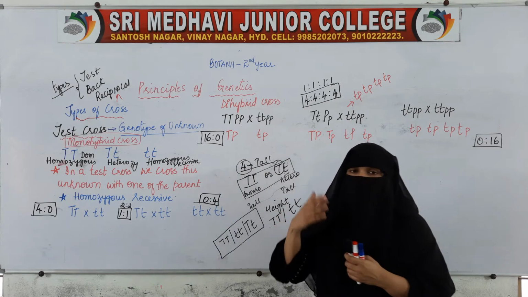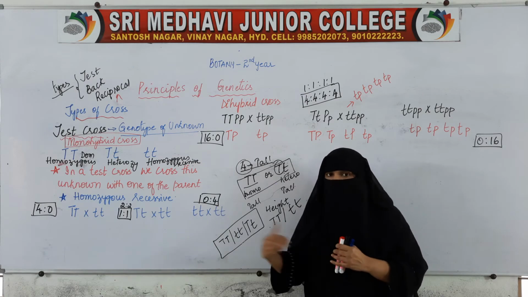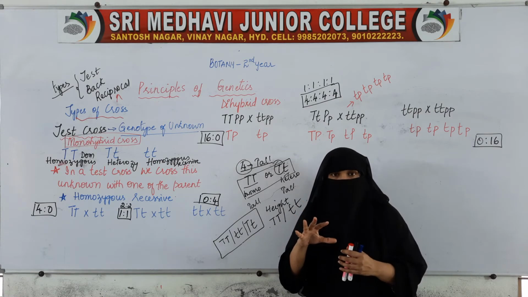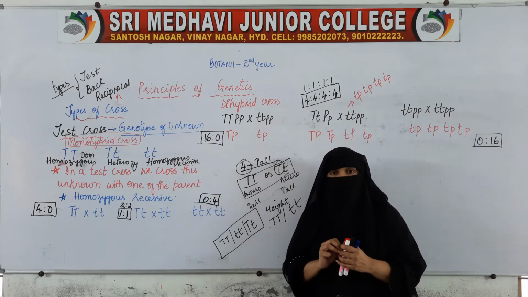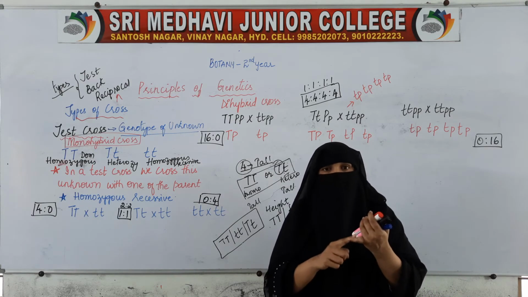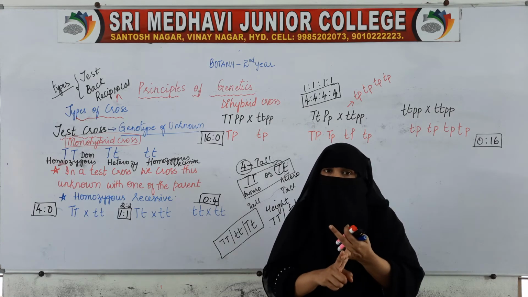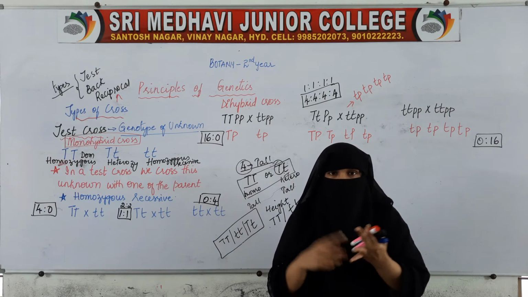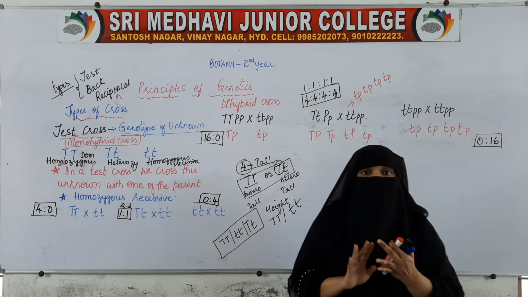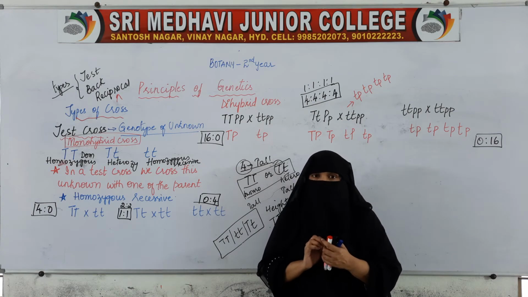We have already seen this. Go through your previous classes and the classworks if you have written them, and you will be able to understand this. For any character, whether we take height, color, position of the flower, color of the flower, shape of the seed, or whatever, we can find three genotypes.